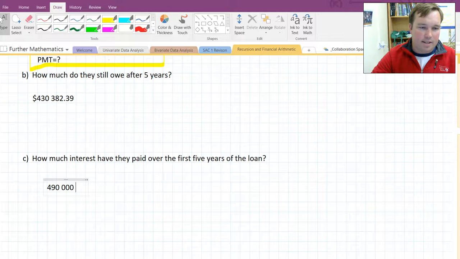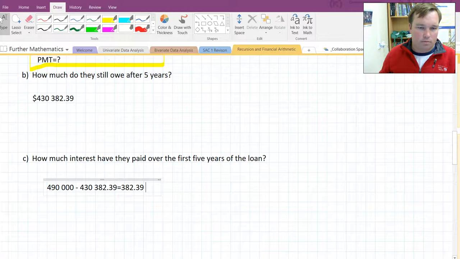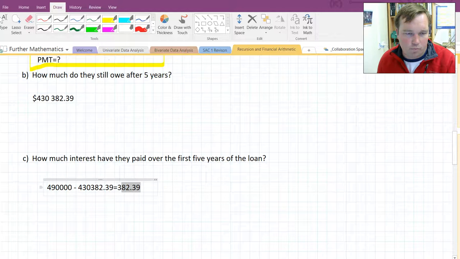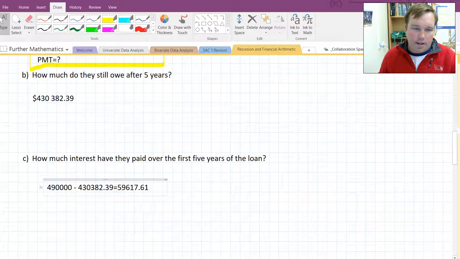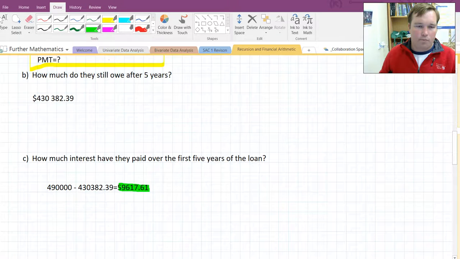And after 5 years, they're still remaining $430,382. That there is the principal reduction. It's how much the loan has been reduced by.